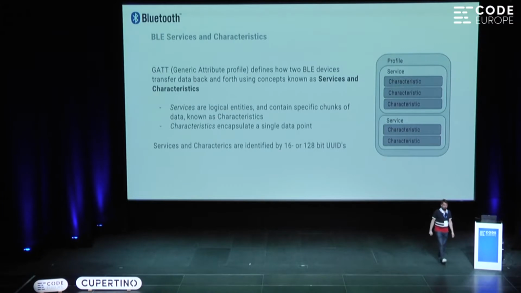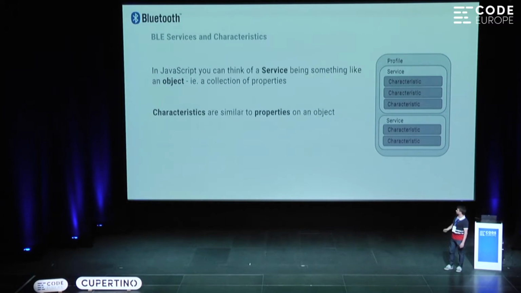So this is how Bluetooth Low Energy works. You have a profile, which consists of various services, which each have characteristics. If you come from JavaScript, you can think of a service as an object and characteristics as variables. So this could be a string or a Boolean or a number. But as this is Bluetooth, a lot of people want to compact things.